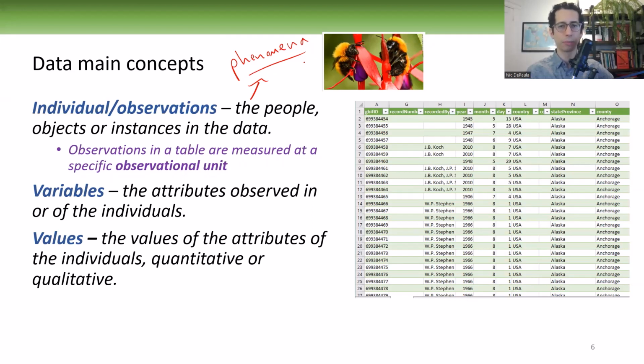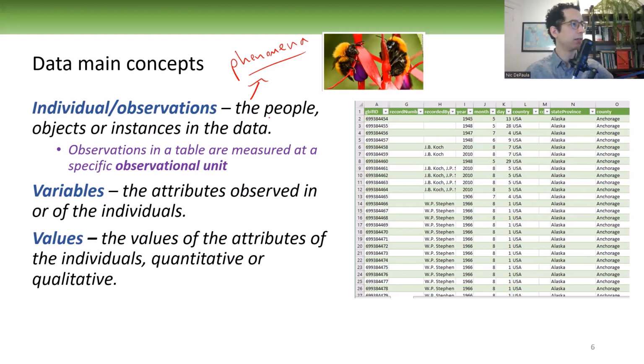So, for example, things like emotion, pain, levels of pain, but also concrete things like buildings or bees, or even half abstract, half concrete things like processes, such as migration or economic development. All of these can be categorized or conceived as individual observations to be studied in data analysis.